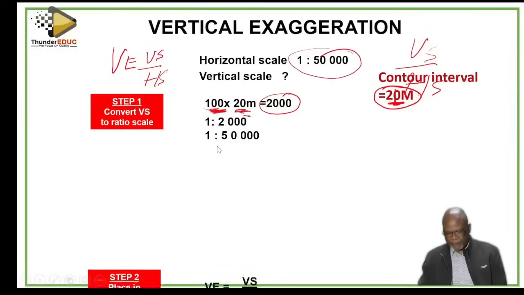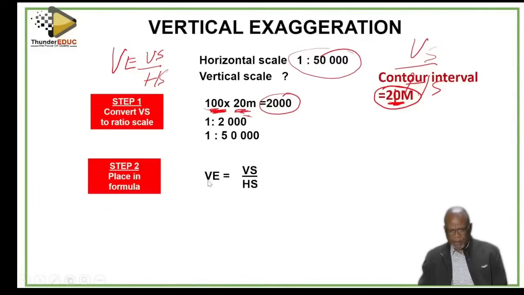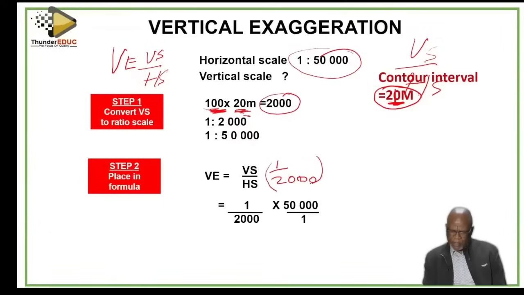So we have to divide. Vertical exaggeration is equal to vertical scale over horizontal scale. Our vertical scale is 1/2,000 and our horizontal scale is 1/50,000.